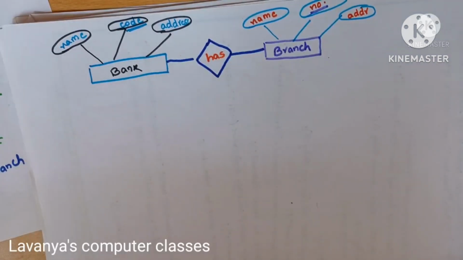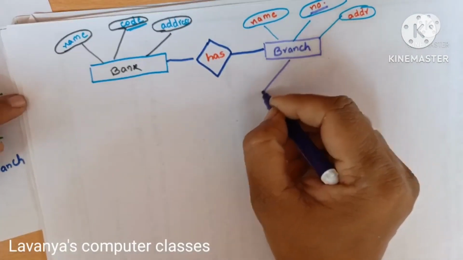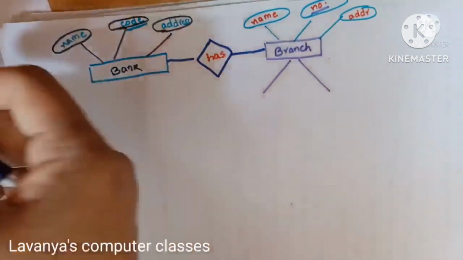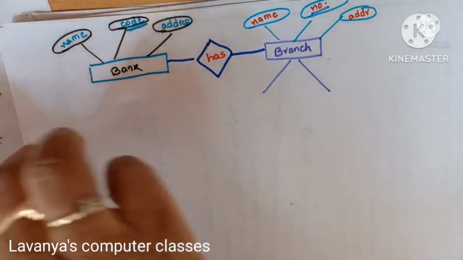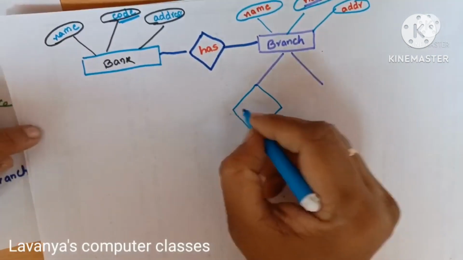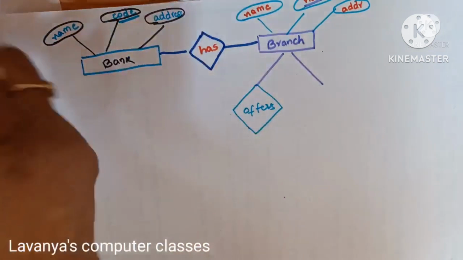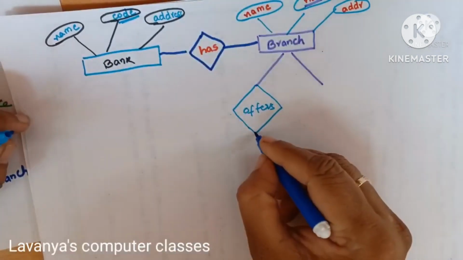Bank has branch. After that, the branch gives some loans and also accounts, so there are two relationships. One is branch offers. What does it offer? It offers loans to the customers.